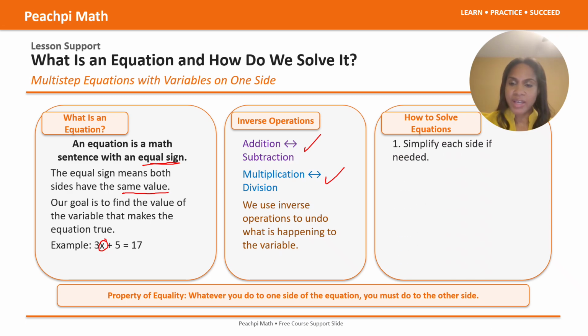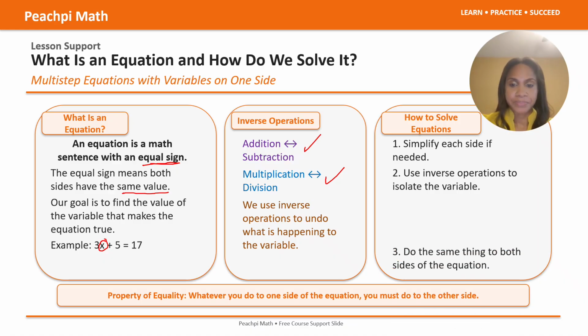Okay? And so how do we solve? First, simplify each side if needed. So we combine like terms, and use the distributive property. If we combine like terms, they need to be terms with the same variable and exponent, or they need to be constants, meaning without a variable. Use inverse operations to isolate the variable. We just discussed that our inverse operations are addition and subtraction, multiplication and division.